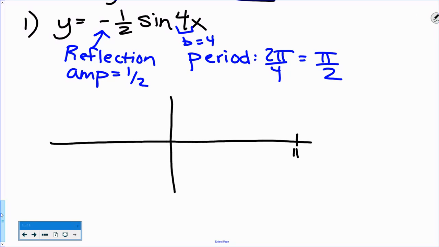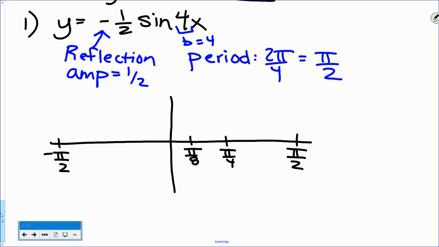So I'm ending at pi over 2 and negative pi over 2. I'm cutting pi over 2 into fourths, so I'm making something small even smaller. Or if it's easier, think of half of pi over 2. Half of a half is a fourth. Half of a fourth is an eighth.